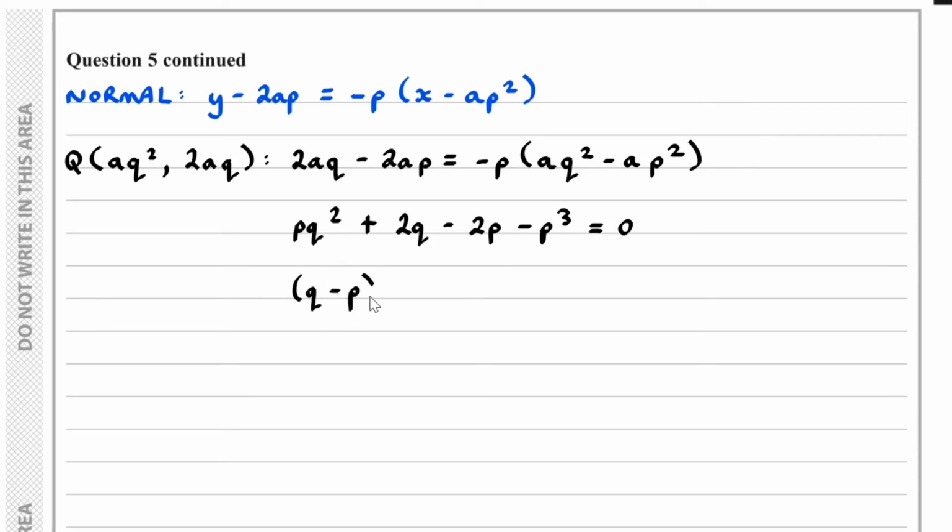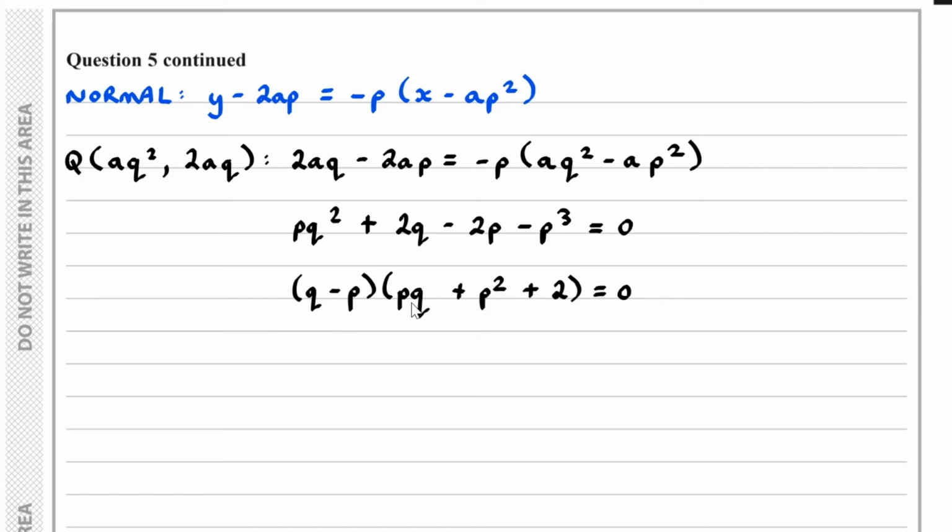And if q - p is a factor, then inside the bracket we would have pq, because q times pq gives pq², and -p times pq gives -p²q, but then we can add on a p², and then a 2 to balance out the terms.